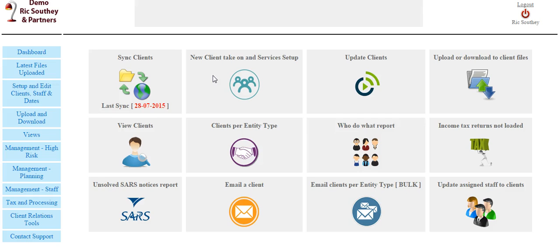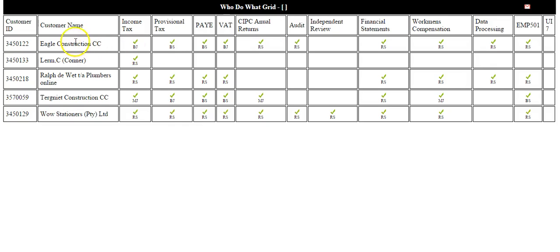The third thing you have to do is go to the who-does-what report. You click that report and just pick the show all selection there, and this report will then make a list of all your clients, and it will list all the different services that are normally presented by accountants and auditors.